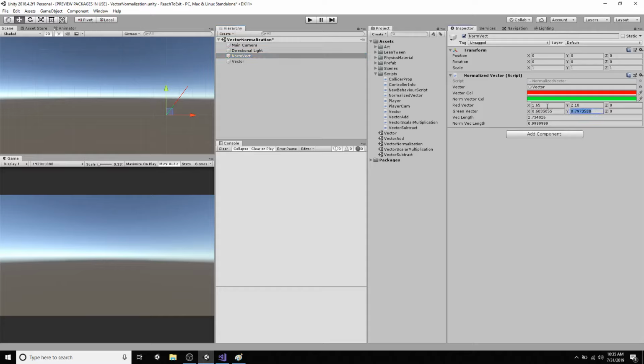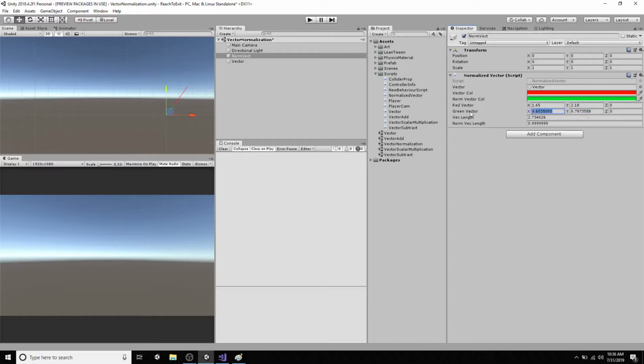The red vector is 1.65, 2.118, and when we normalize it, the green vector's x value is 0.60 and its y value is 0.79. So x and y will always be within -1 to +1 if you normalize a vector.